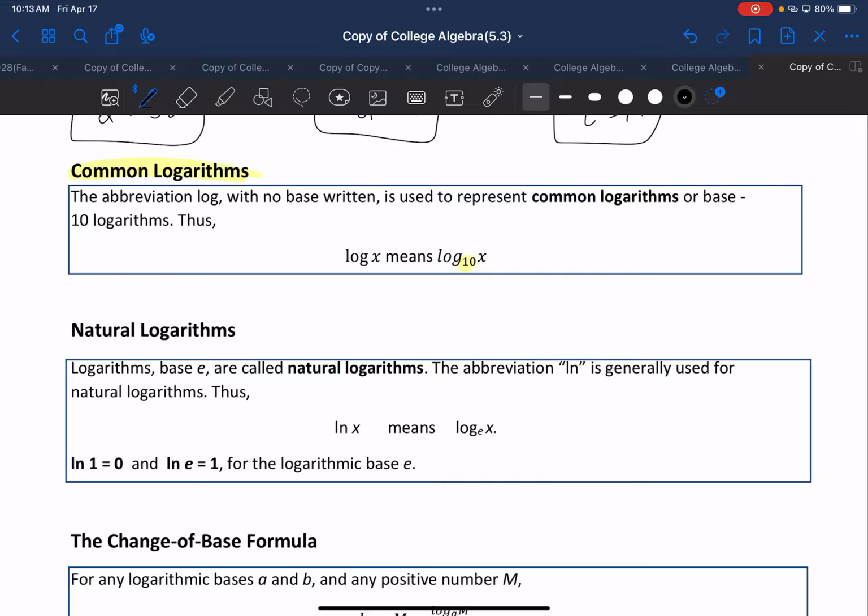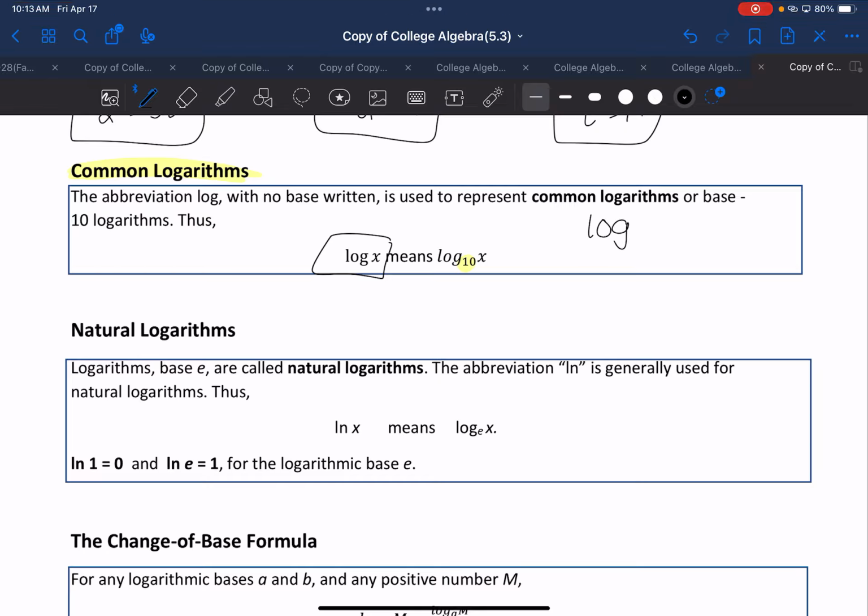Because they're so common, we actually don't even write the base for these. You're going to see in Pearson that they'll give you stuff like this without a base, and if you don't see a subscript, it's understood to be base 10.